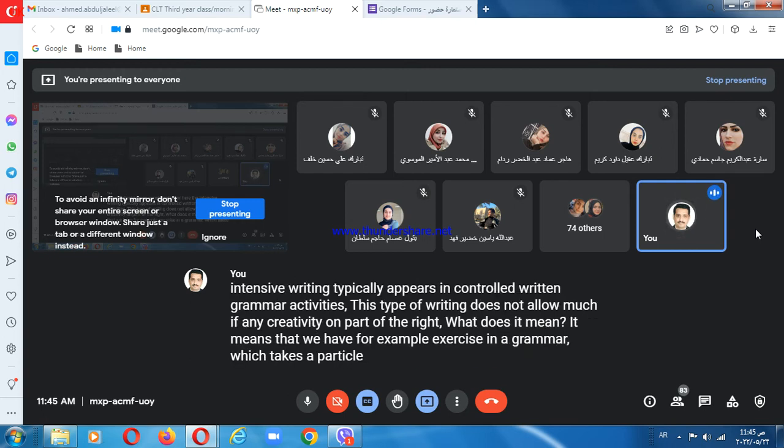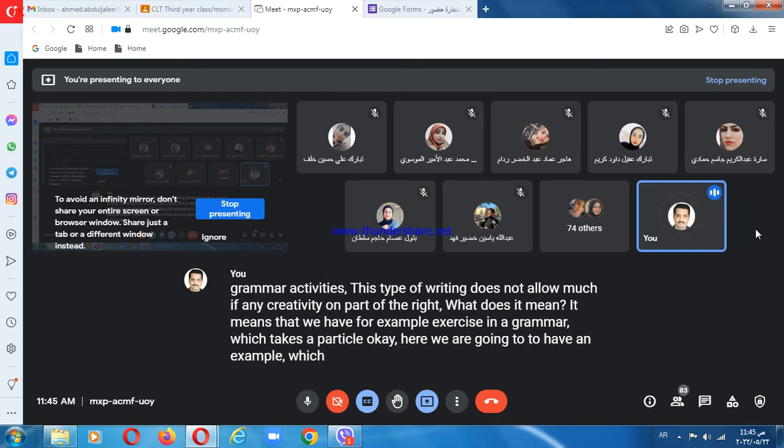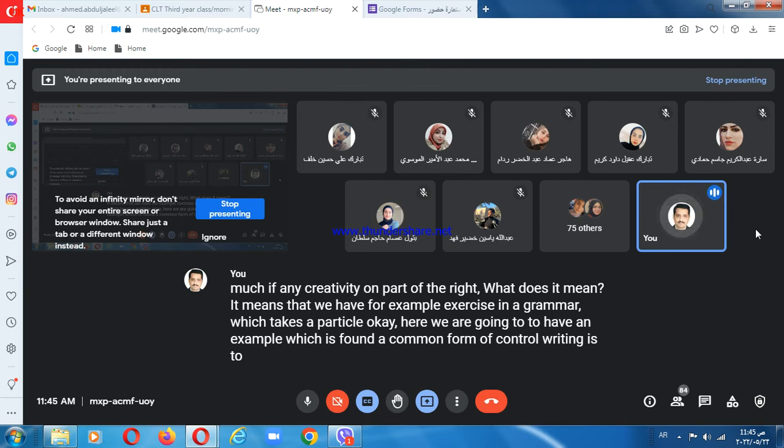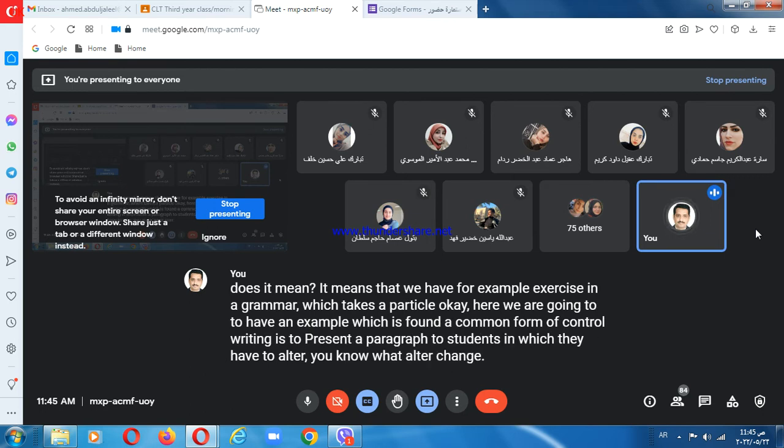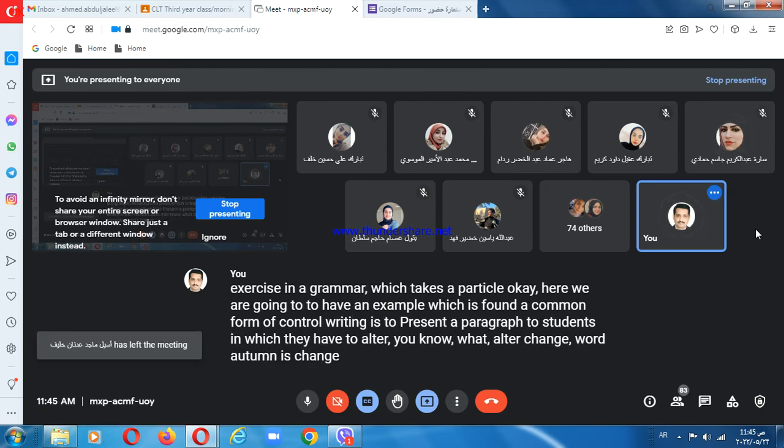Here we are going to have an example which is found in the book. A common form of controlled writing is to present a paragraph to students in which they have to alter, change, a given structure throughout. You know the word alter means change. Got the point now?